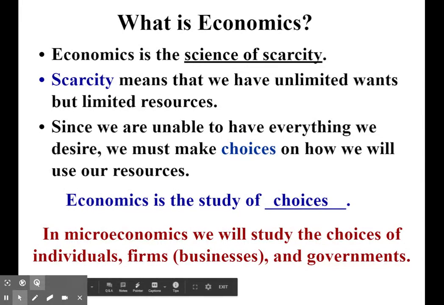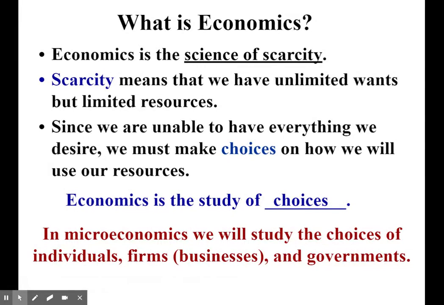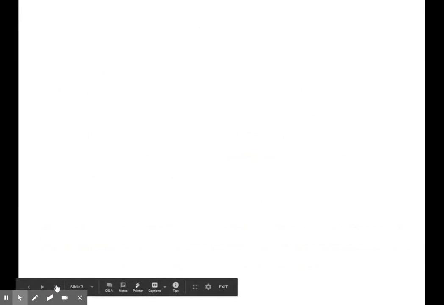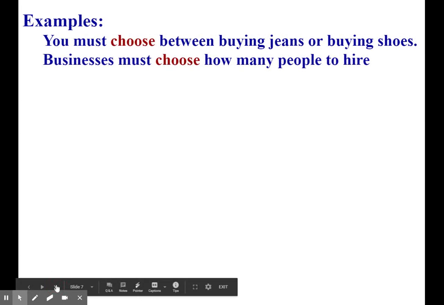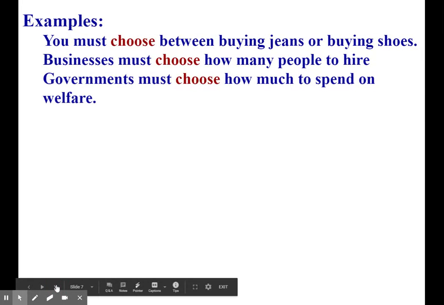So when we think about econ, what I want you to think about is the way in which we make choices based on this basic foundational principle of scarcity. A couple of examples are how we make our choices on a micro scale. You specifically have to choose between buying jeans or buying shoes.